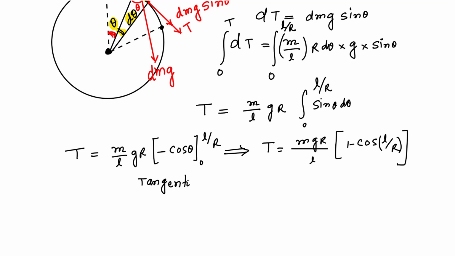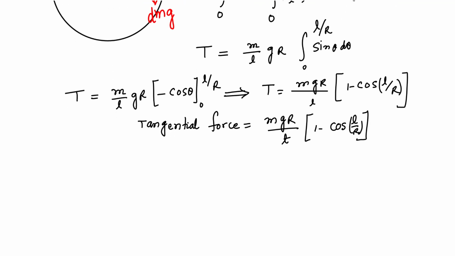Tangential force. So tangential force now I know. Then I can calculate tangential acceleration. So 1 minus cos L by R. Tangential acceleration will be the tangential force, let's call this Ft, divided by mass, and this will give me tangential acceleration.